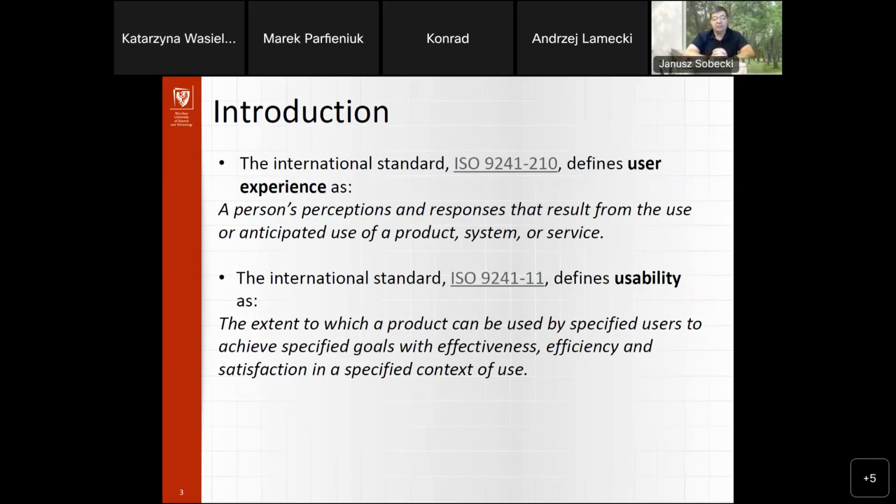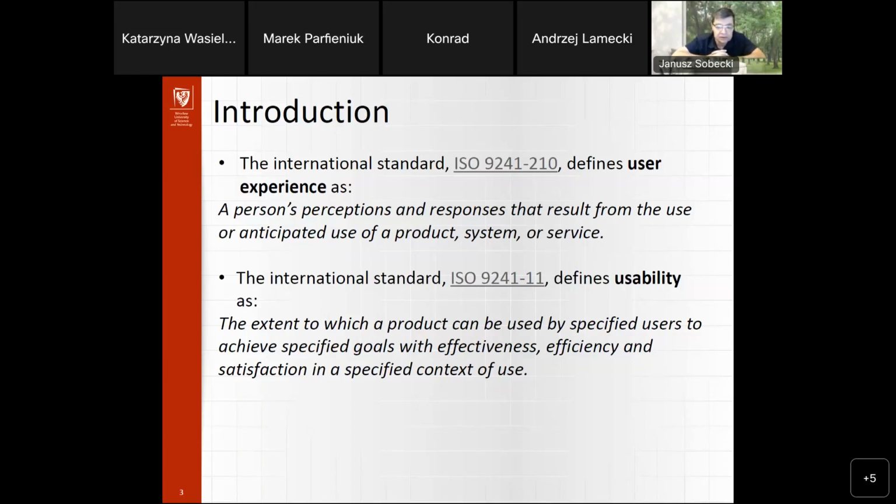And below is the definition of usability coming from the same ISO norm, which is known for many years, as far as I remember, about 30 years. So this is the extent to which a product can be used by specified users to achieve specified goals with effectiveness, efficiency, and satisfaction in a specified context of use.